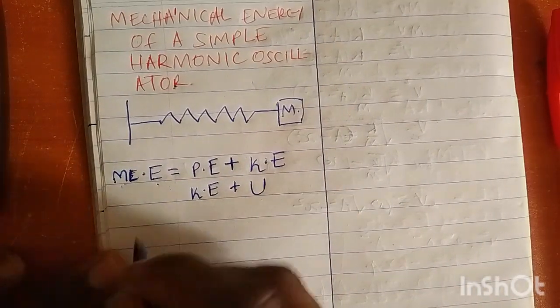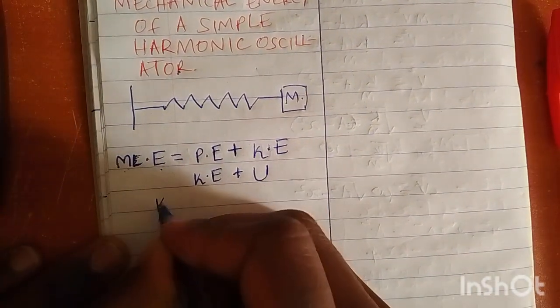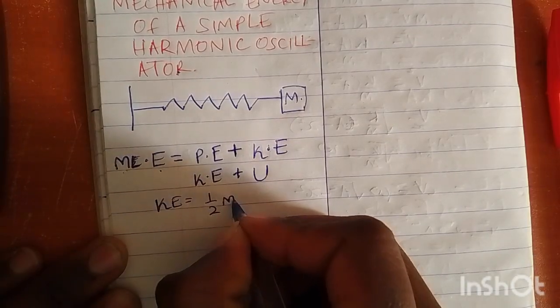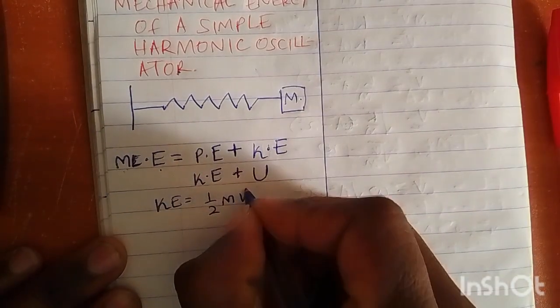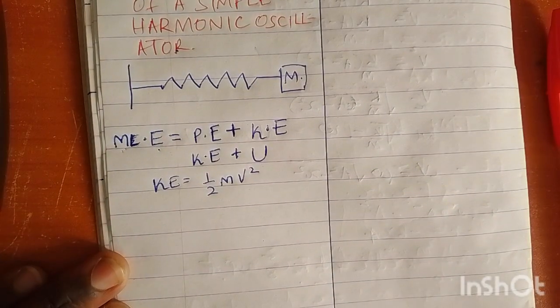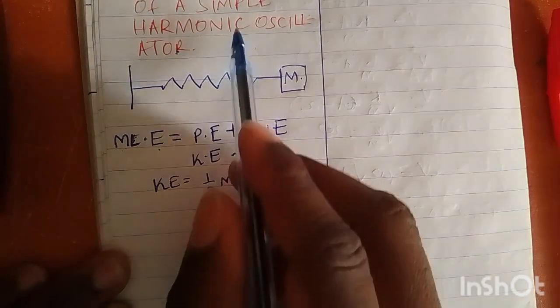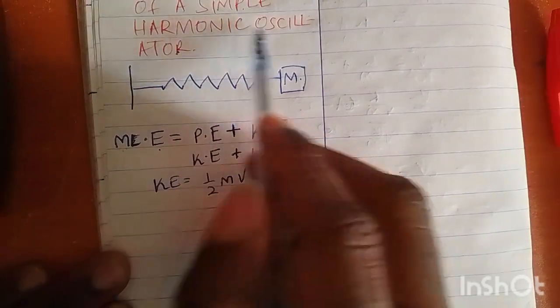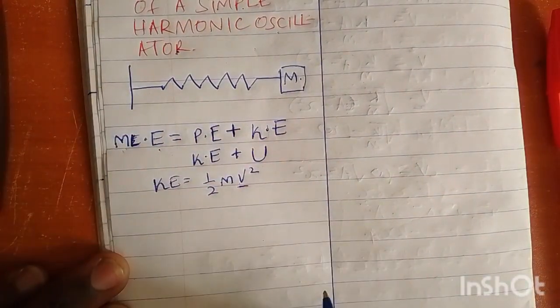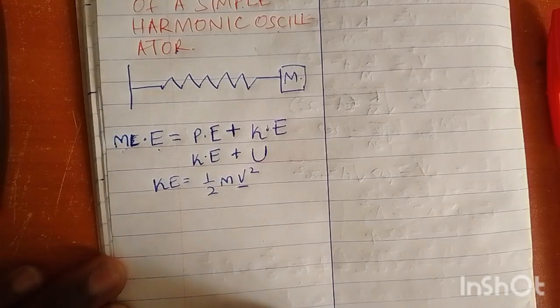From what we know, kinetic energy is given by half mass times velocity squared. When we talk about a harmonic oscillator, we normally look at the velocity in terms of oscillatory motion.